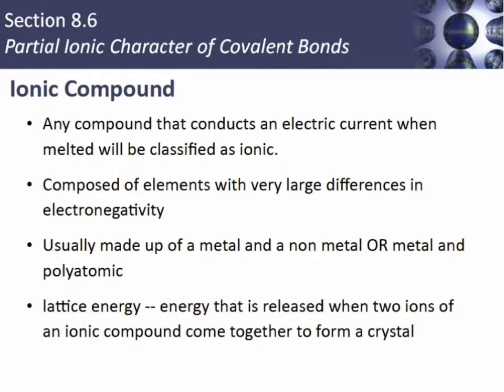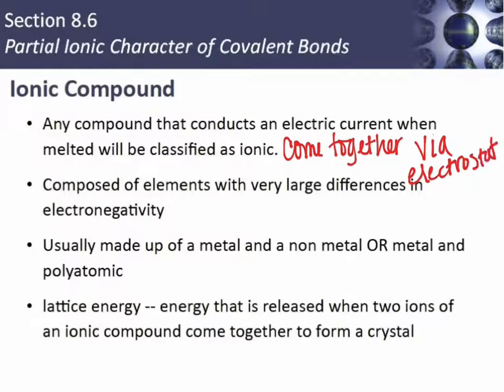We've said that any compound that conducts an electric current is ionic when melted. So these come together via electrostatic forces, we've said. What we're going to talk about today is Coulomb's law, or lattice energy.